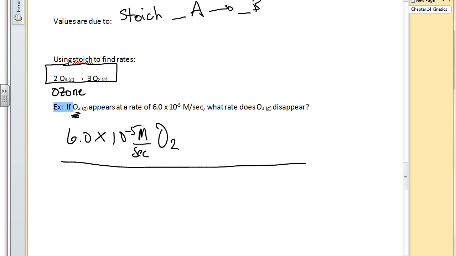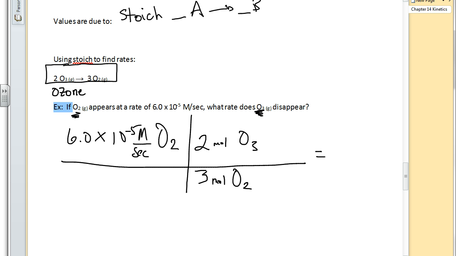And then we're just going to use the mole ratio from the balanced equation. So oxygen, of course, is going to be on the bottom, so we can cancel out the oxygen. From the balanced equation, we have 3 moles of oxygen. And then obviously ozone, which is what we're looking for, we have 2 moles of ozone placed on top. So it's a 2 to 3 ratio.